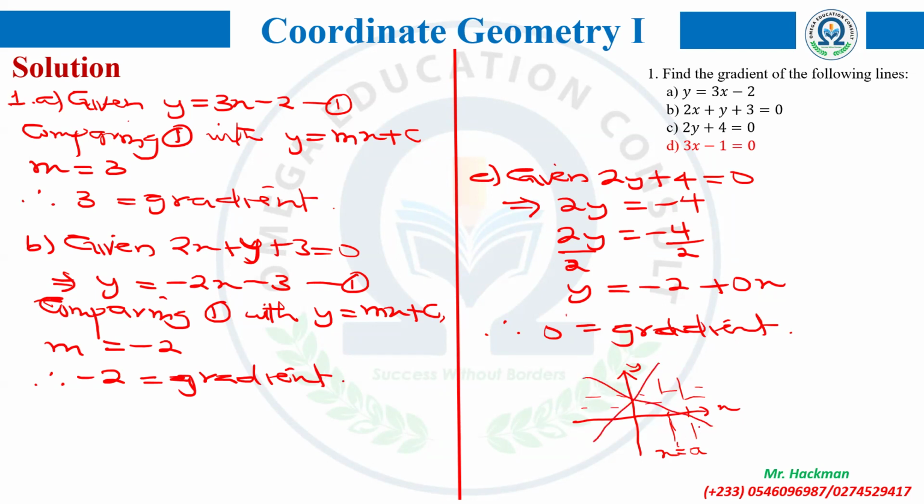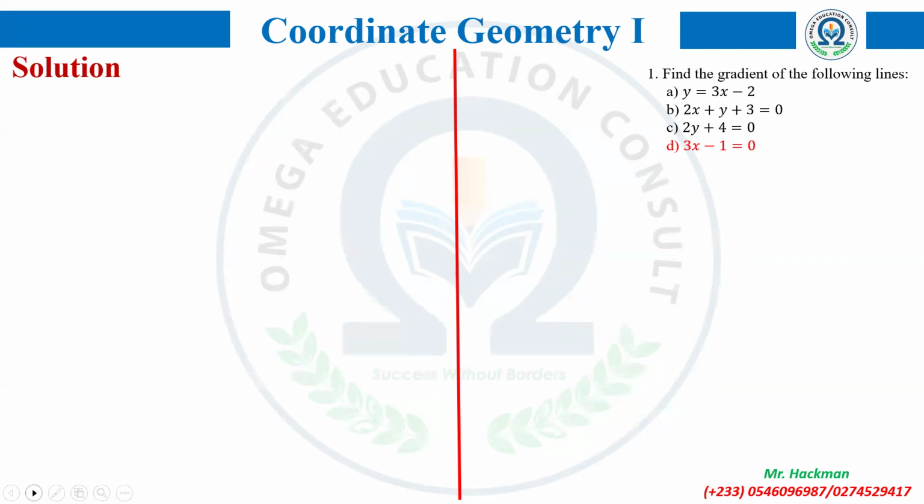Vertical lines never meet. Is that clear? Yes, please. Okay, very good. Especially the person who said I should come again, are you fine? Yes, please. Okay, great.